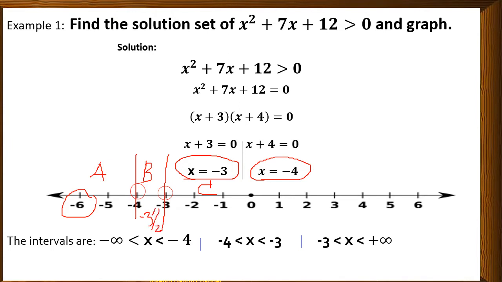And for this region here, we have the interval of x less than positive infinity but greater than negative 3, we cannot choose 0. So we have negative 6, negative 3 and 1/2, as well as 0.